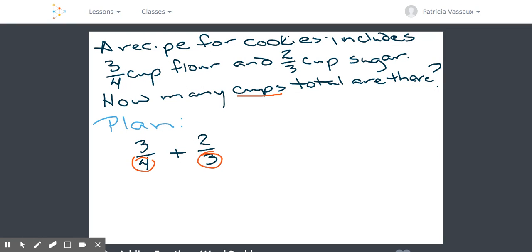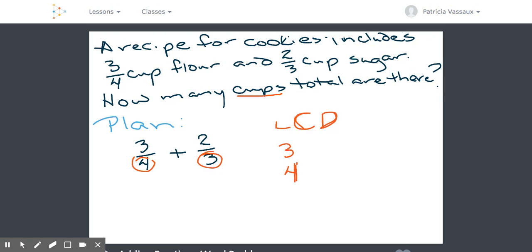So in order to combine these two fractions, we've got to cut them into the same size pieces. In other words, we have to find equivalent fractions. To do that, we first have to find a common denominator. The way we're going to find the least common denominator, which will make our life easier, is to find the multiples of each of these denominators.